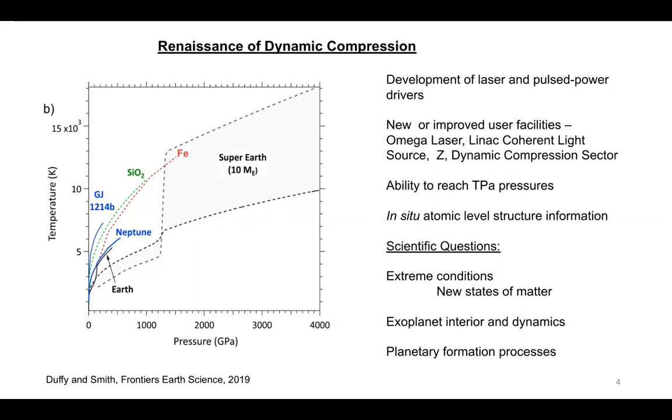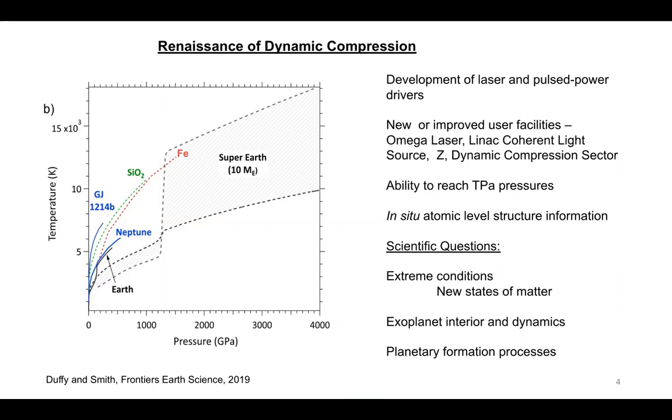new frontiers in dynamic compression, allowing one to address scientific questions such as the behavior of matter under extreme conditions, testing theoretical predictions, looking for new states of matter, understanding exoplanet interiors and dynamics, and these are also relevant for planetary formation processes.